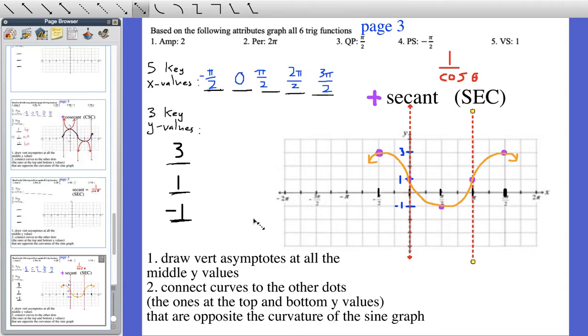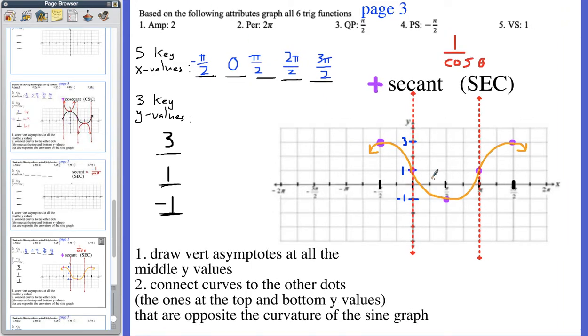And then we do the same thing. Connect curves to the other dots, the ones we haven't used yet. So we already used those 2, the second and fourth. We got to use this one and then those 2 on the edges. So we connect curves to this dot here and reverse the curvature of the cosine curve.